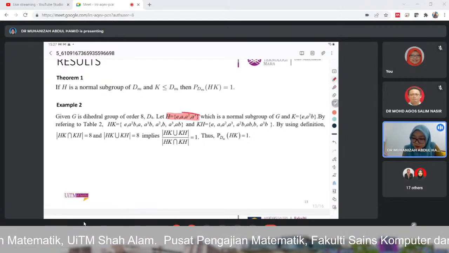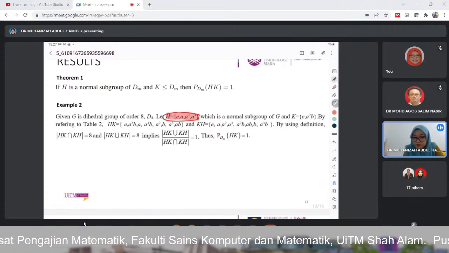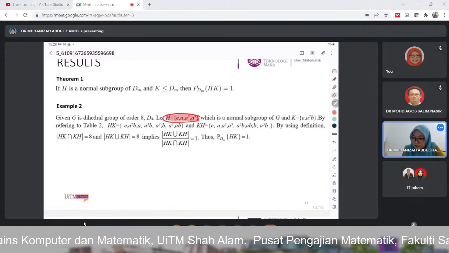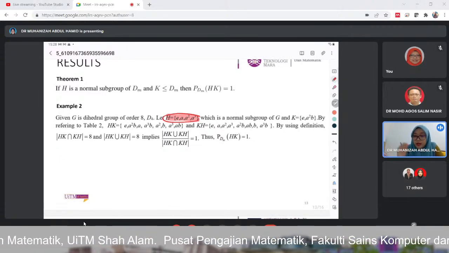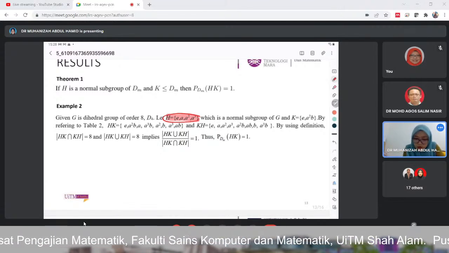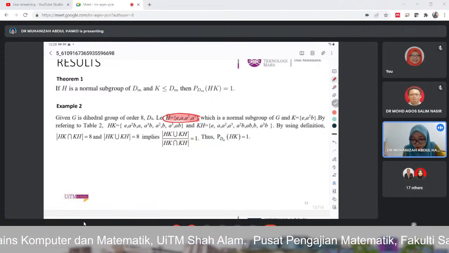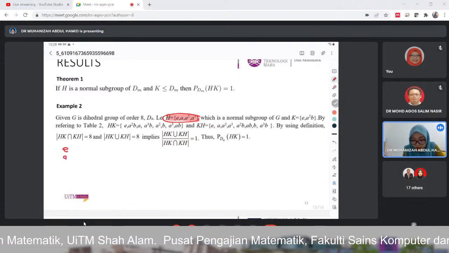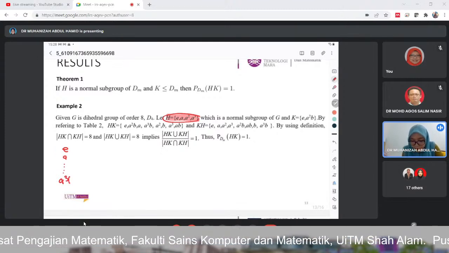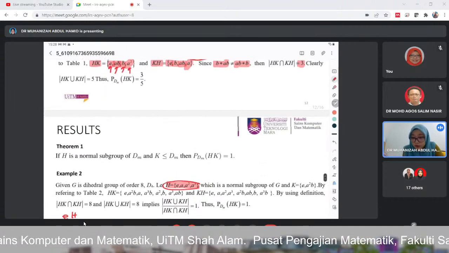Let's say we have this normal subgroup, right? So if you multiply on the left, how many elements do we have in the group? D4, 8, right? So we multiply by all elements in the group, starting with identity, a, until a cube b, multiplied by this subgroup.